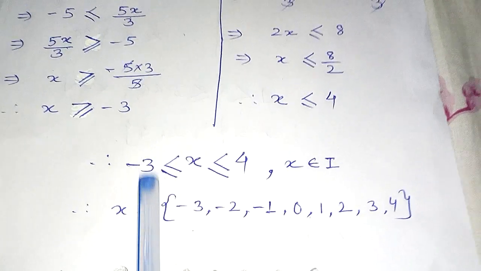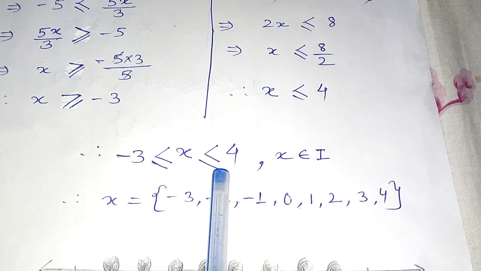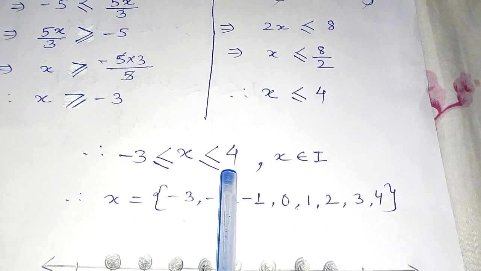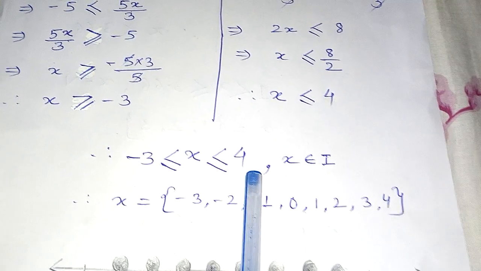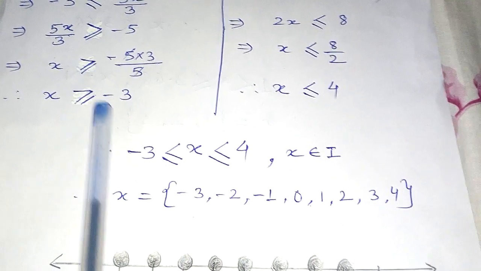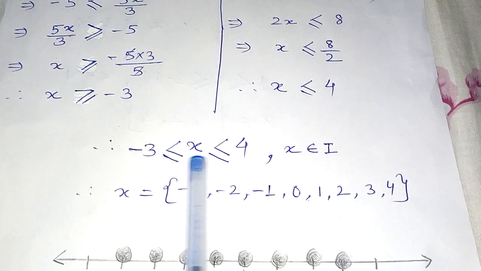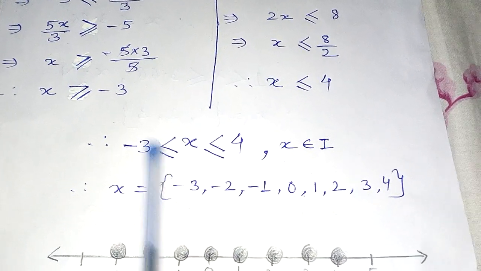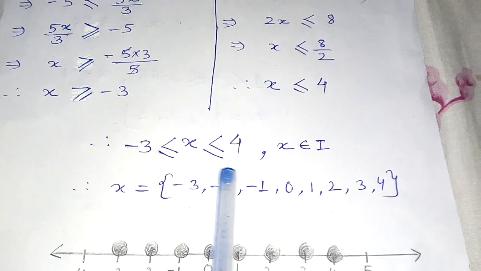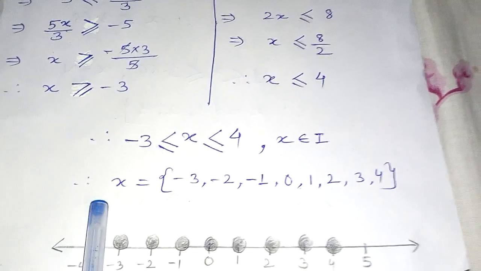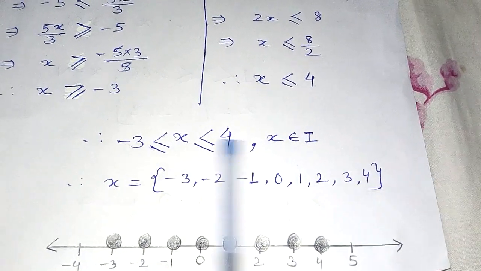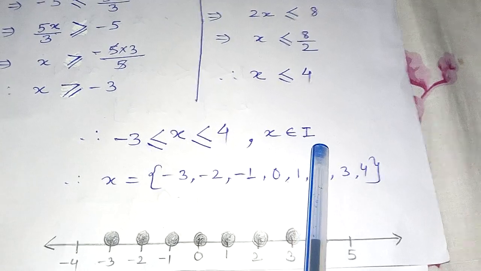And now there is a little bit of difference in the number line here. When we use this ascending order symbol, the greater number comes to the right hand side, and the smaller number comes to the left hand side. So minus 3 comes here, 4 comes here. This equal to symbol is in both parts, and x belongs to I. But here is one small difference you will find. Integer means all positive and negative numbers.